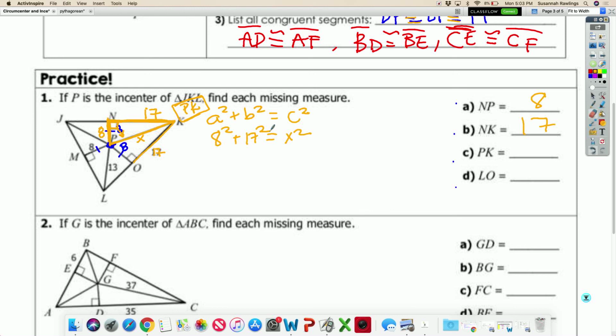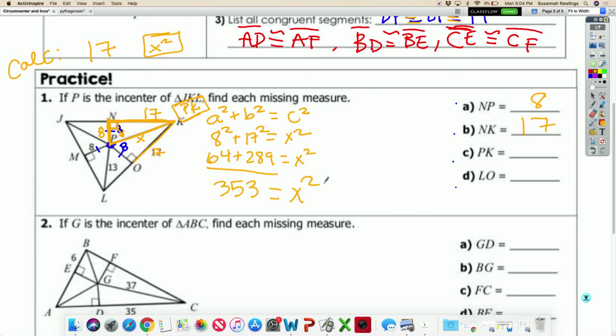And from this point, we're just working through this. So 8 squared is 64. I'll give you a second to plug in your calculator, 17 squared. Remember, in the calculator, you want to do 17 and then the button that looks like that, if you're not sure. And that should automatically square 17 for us and get 289. And then we have x squared. Let's go ahead and combine those like terms. And we should get 353 there.